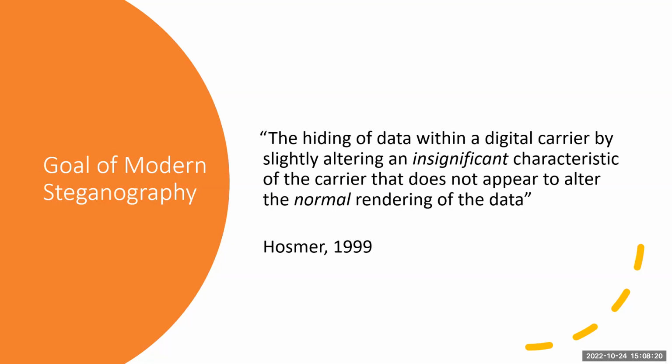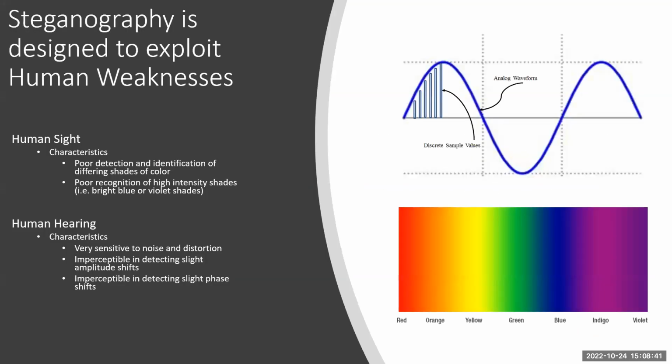Now, his take on that is much like everybody else's take on it in present day, right? So you'll see varying definitions associated with this, or understandings of what that really means, that are very like what he just said. So steganography is at its core designed to be exploited through human weakness.